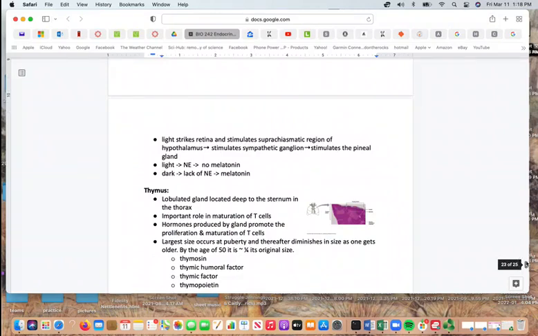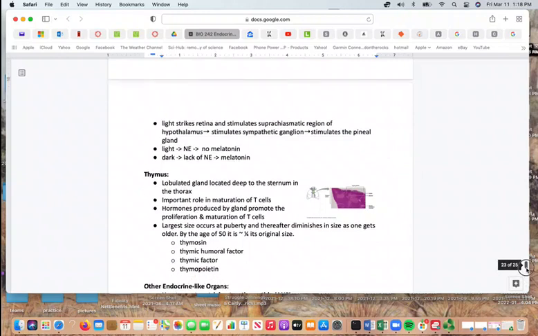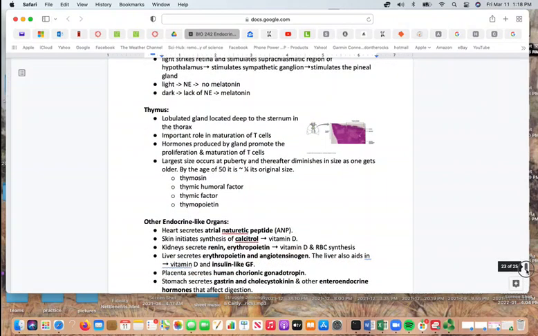So with light, there is no melatonin production. With dark, it allows melatonin production. So it naturally makes you want to be sleepy at night. So this can also have a pretty big impact on other things in health. There's been a lot of interesting studies looking at people who work night shift, and their melatonin levels are out of whack with what their lifestyle is.